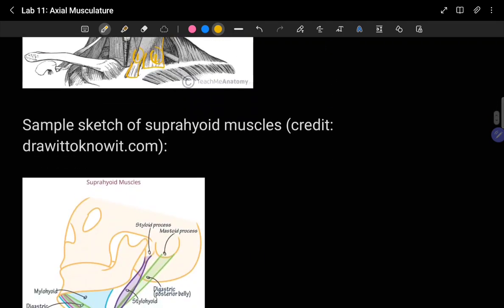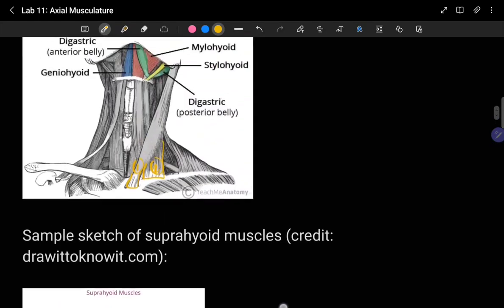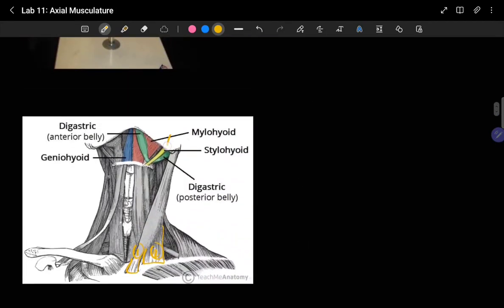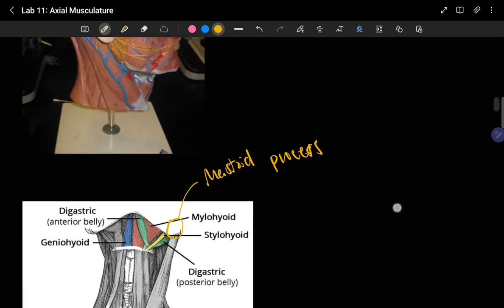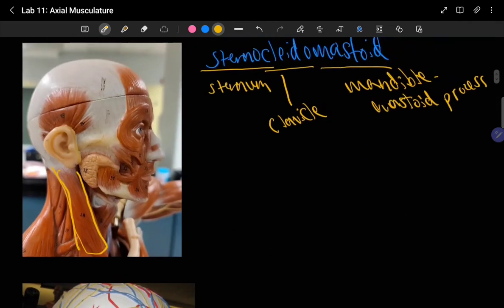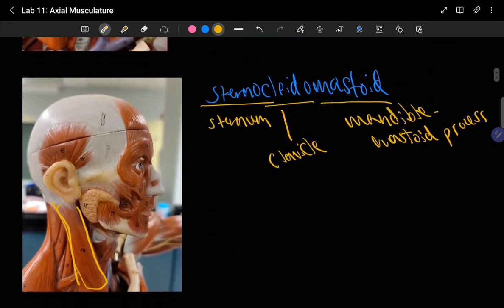So the sternocleidomastoid, we'll stick with this image, is going to insert onto our mastoid process. And just to review, the mastoid process is that bony projection you can palpate right behind your ear, that little bump of bone. It's part of our temporal bone. So in this case, the name is entirely referring to the attachment points of this muscle.